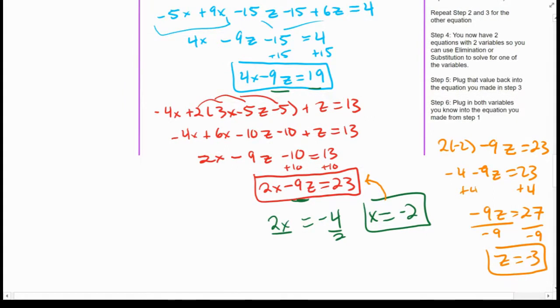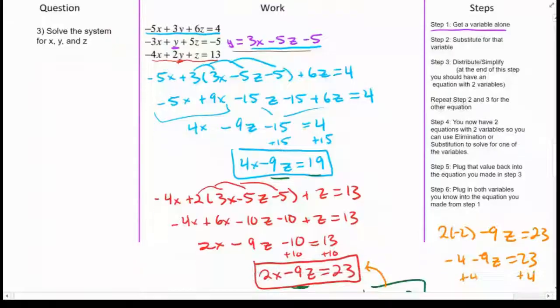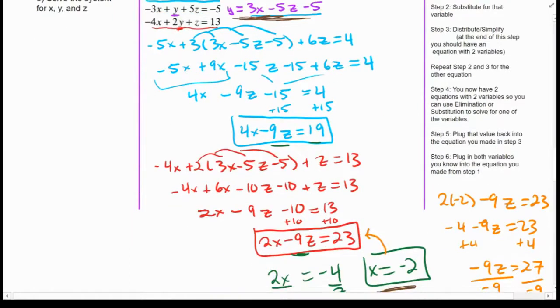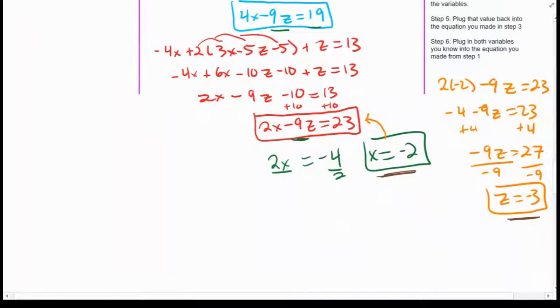Once I have x and z, now all I need to do is plug these back into the first equation that I created, the purple one, which is up here, 3x minus 5z minus 5. So let me just rewrite that.